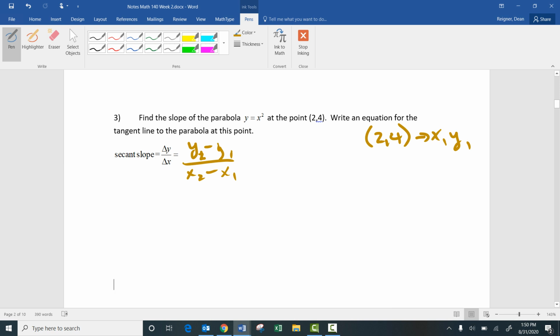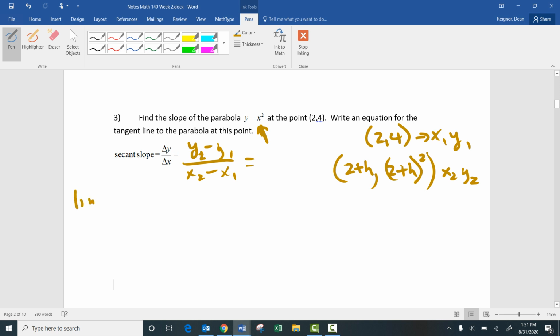Our other point, as close to 2, 4 as we can get, is 2 plus the distance away from 2, which is h. Remember, we're going to get our next point as close to 2 as possible, so h is going to go to 0. Then our y value: we plug our x value, 2 plus h, into our equation, x squared, so we square that. That's x2, y2.